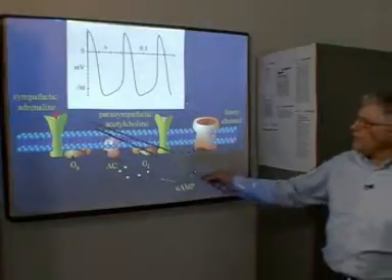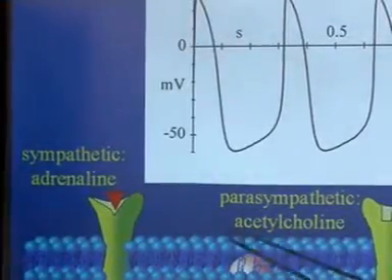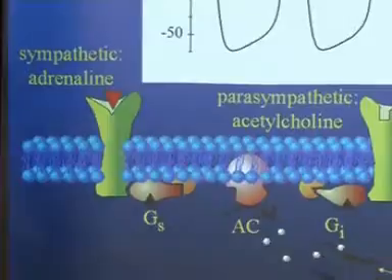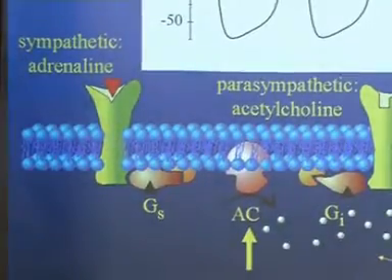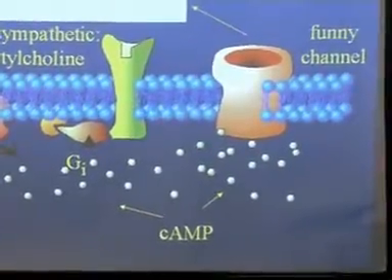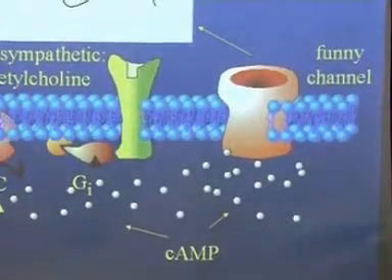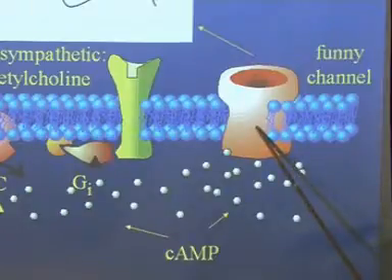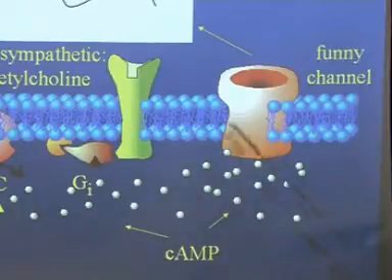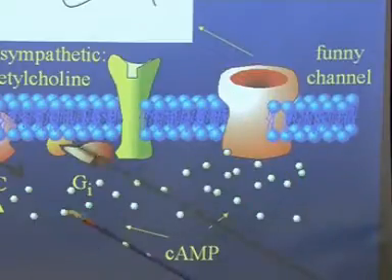When the sympathetic stimulus is applied, so adrenaline binds to beta receptors, then there's a cascade of intracellular events leading to an increase of cyclic AMP. Cyclic AMP is a second messenger in the control of funny channels, in that it binds directly to funny channels and activates them by shifting the activation curve of these channels to more positive potentials. This increases the fraction of channels that are open at any potential.